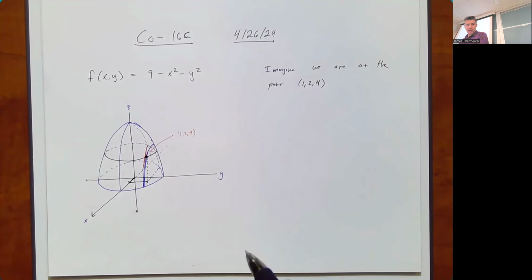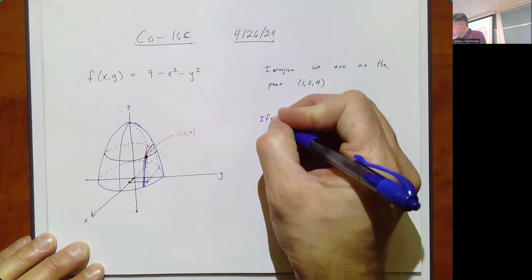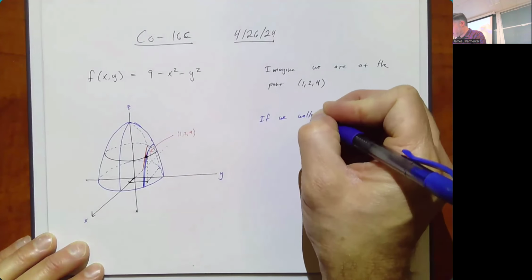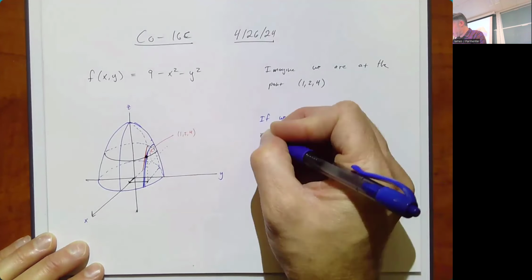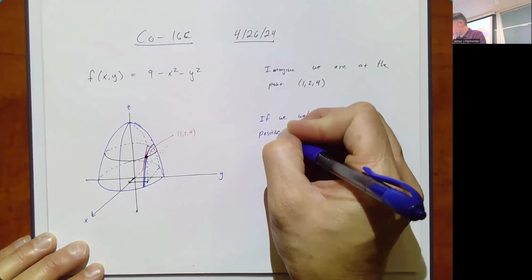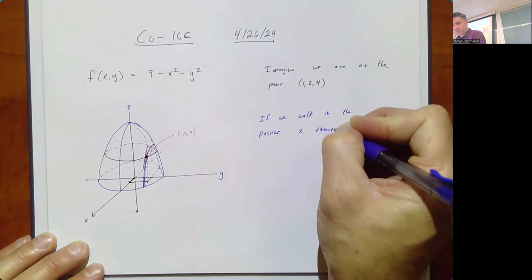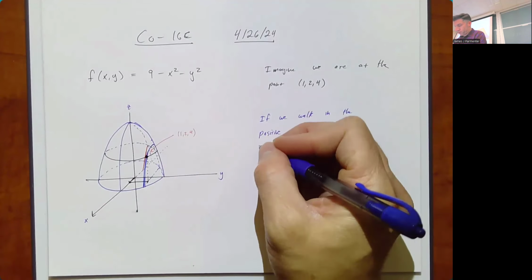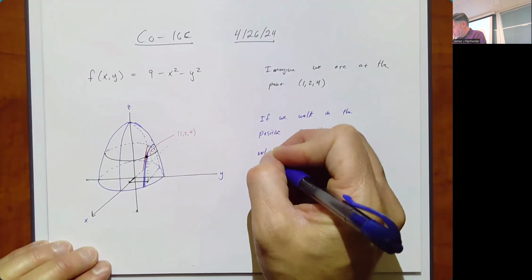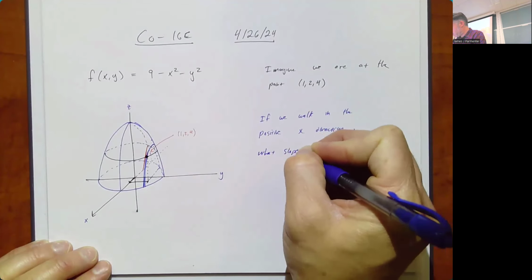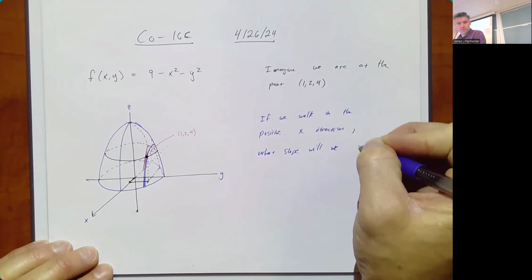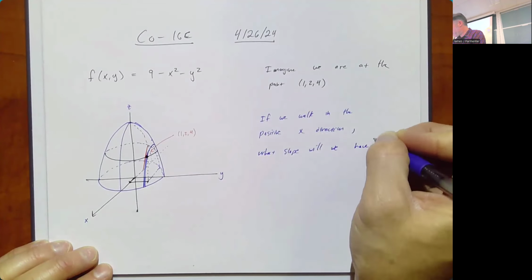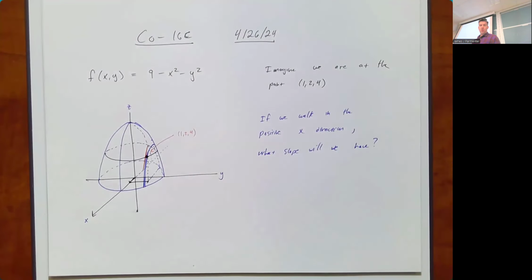So the question we're asking really is, if we walk in the positive x direction, what slope will we have? Or in other words, what's the derivative in the x direction?